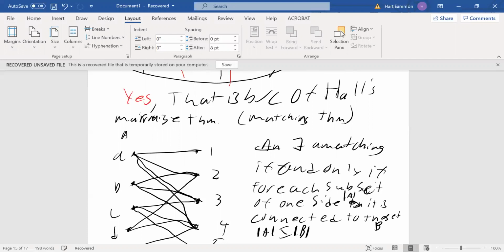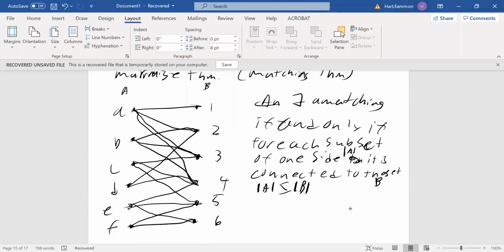A is a subset of these, and B is a subset of these. I'll call this side alpha, and this side beta.